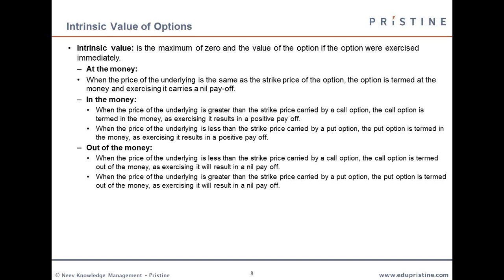In case of a put option, we need the price to be lesser than the strike price for a positive payoff. So an option which has a stock price less than the strike price has a positive payoff and is said to be an in the money option. Out of the money is just the opposite of in the money. If it gives you a negative payoff, it is called an out of the money option.